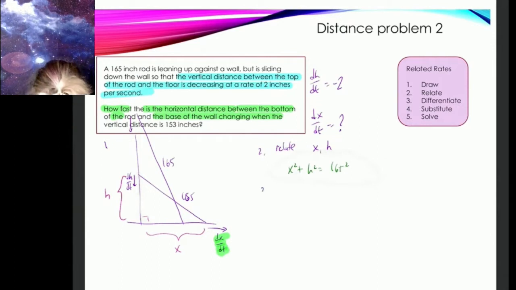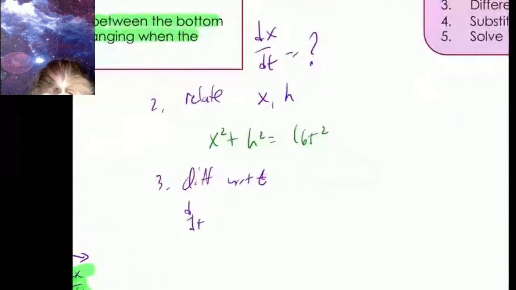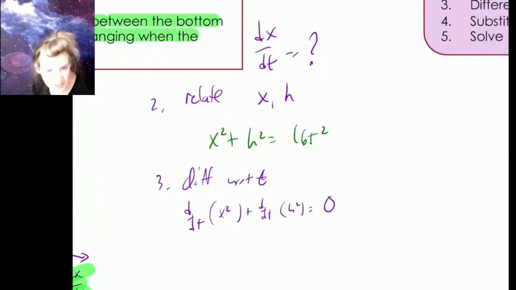And from it, once I differentiate with respect to time, I'll have d/dt of x squared plus d/dt of h squared equals, I'm just going to put a 0 on the right-hand side because it's just 165 squared.